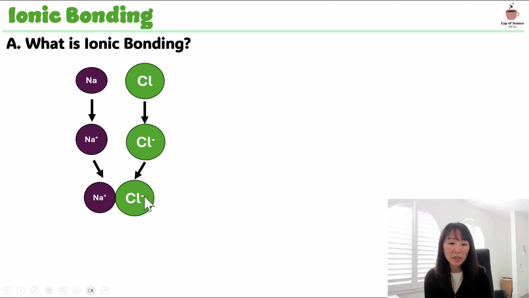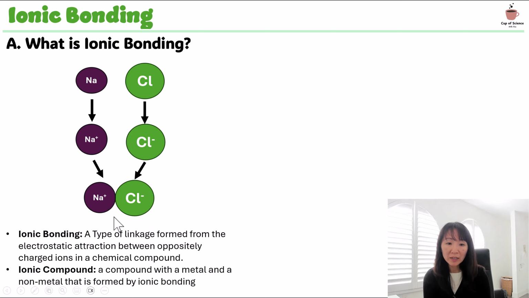So in other words, this ionic bonding is a type of linkage that is formed by two different charges. There is an electrostatic attraction due to the positive and the negative charge that come close together to form a bond.